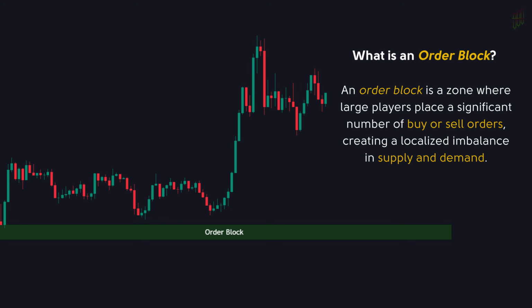Similarly, in the financial market, small retail traders might be reacting to price movements, but the big institutional players, banks, hedge funds, and market makers, are the ones shaping the zones where price is likely to react. These zones are the order blocks, and understanding them gives you insight into the market's hidden intentions.